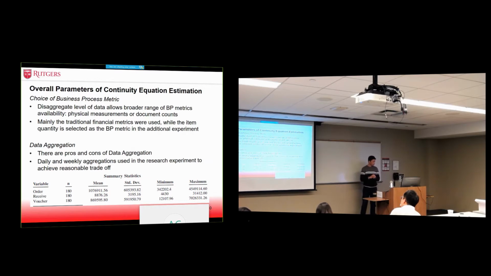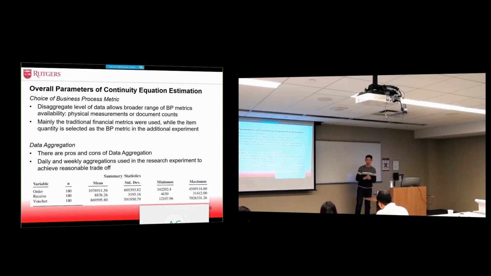Data aggregation has its own advantages and disadvantages. For example, if your data is too much aggregated, your data has less variance, in which case the anomalies are hard to detect.